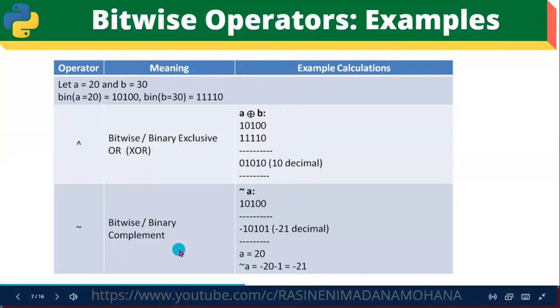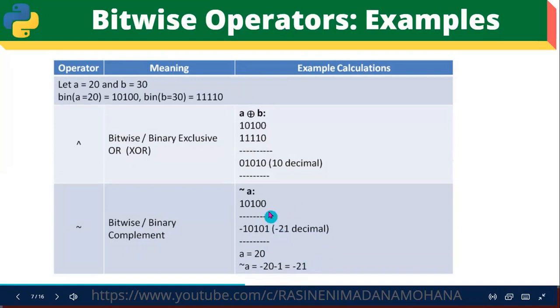Then coming to complement, the bitwise or binary complement. First, for the given value, we have to find the 2's complement. Then you subtract 1, using the unary minus: minus 20 minus 1. So you will get minus 21. This is the result.